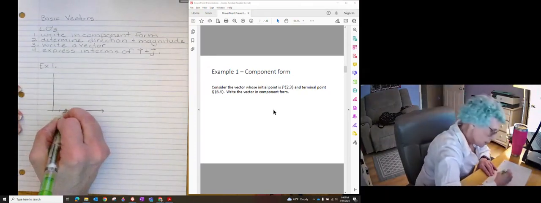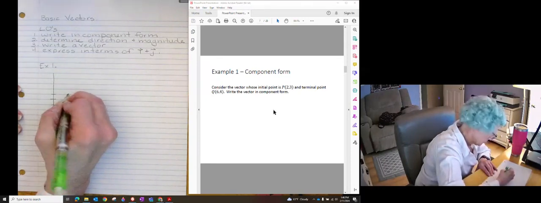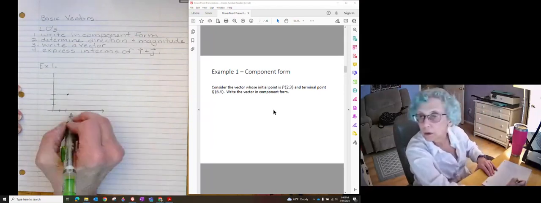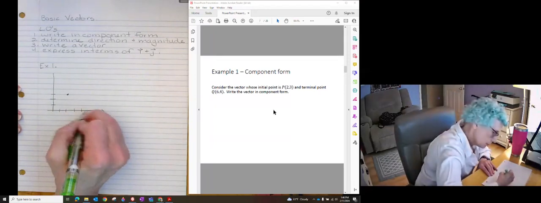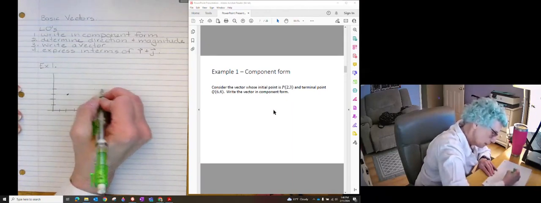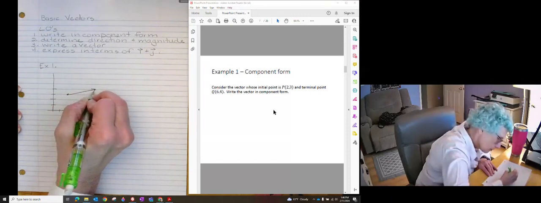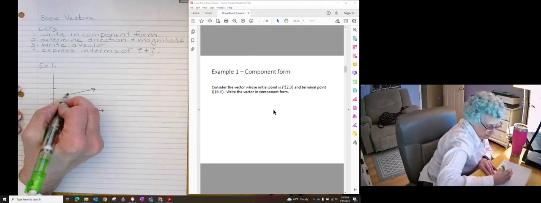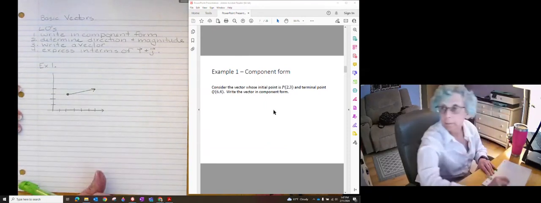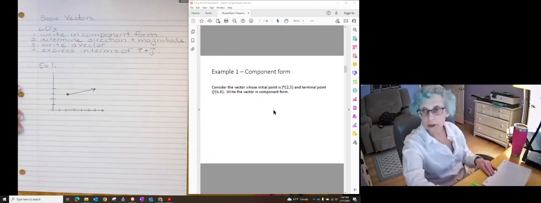P is at (2, 3) and Q is at (6, 4). So, initial point is at P, terminal point is at Q.